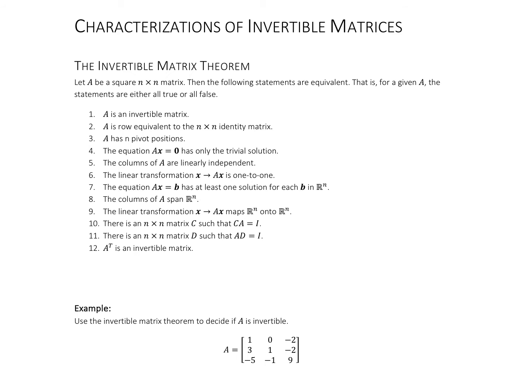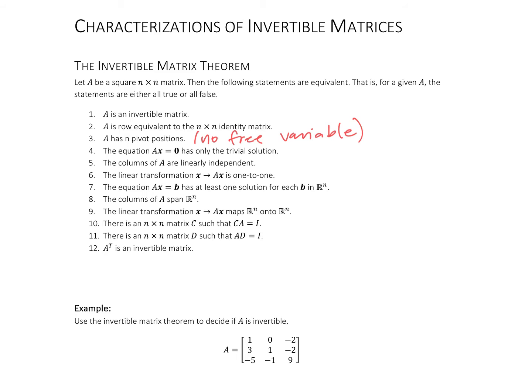So if A is an invertible matrix, A is row equivalent to the n by n identity matrix, which is exactly what we just did up there, right? If I can reduce A down to the identity matrix, then they're the same. If A has n pivot positions, notice this means that I have no free variables.